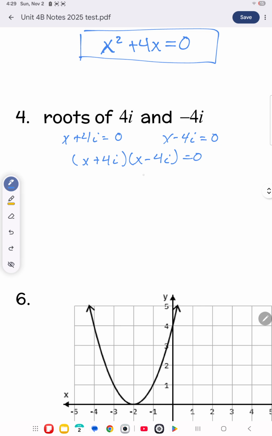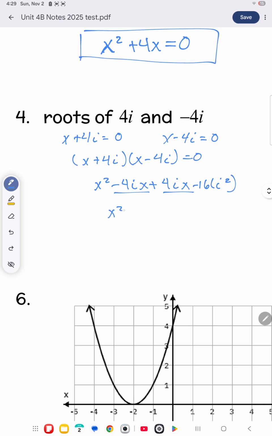All right. So again, just start distributing. This is going to give us x squared minus 4i times x plus 4i times x, right? And then minus 16 times i squared. All right? So these conveniently are just going to cancel out.